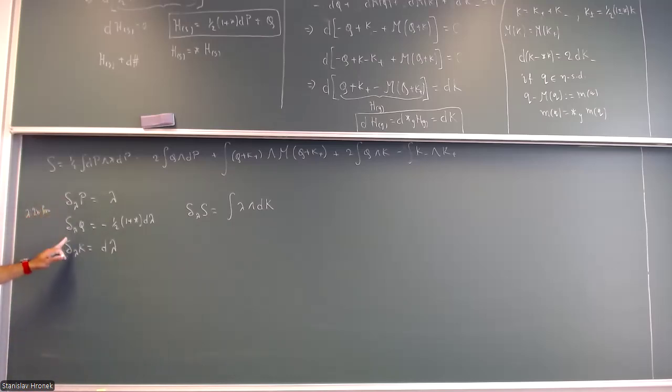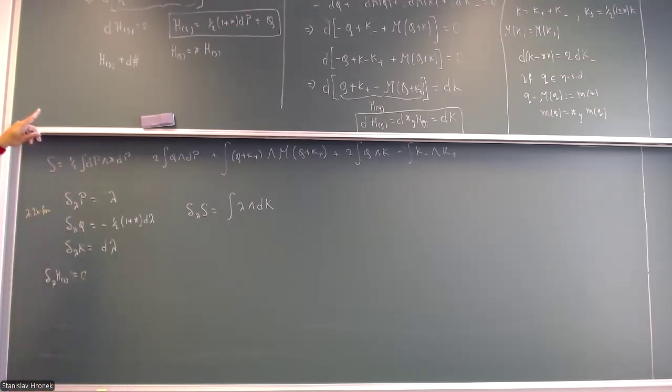So just take this set of transformations, plug it in. There is a huge amount of cancellations that's going to happen. And then one quick thing that you can check is that the combination HS, from this definition, is going to be invariant.